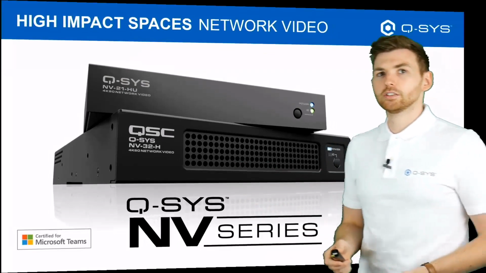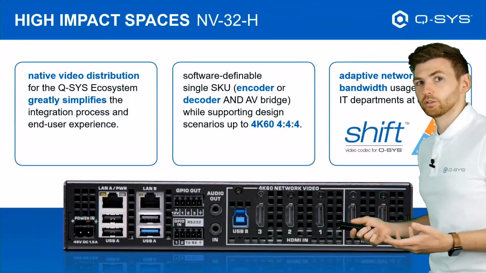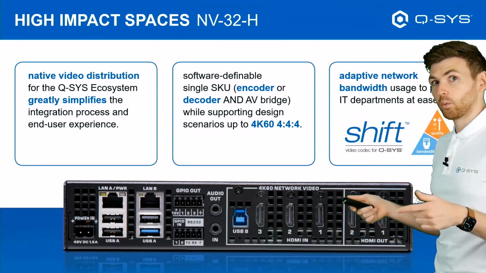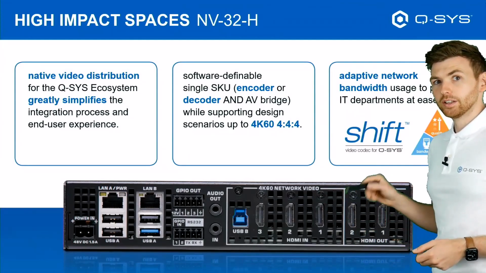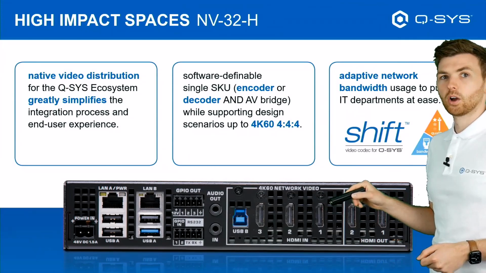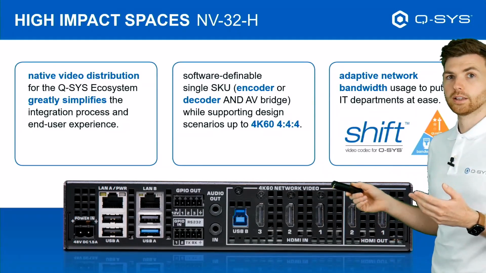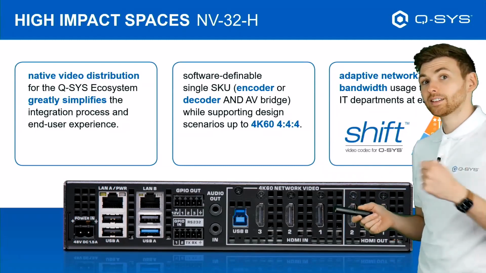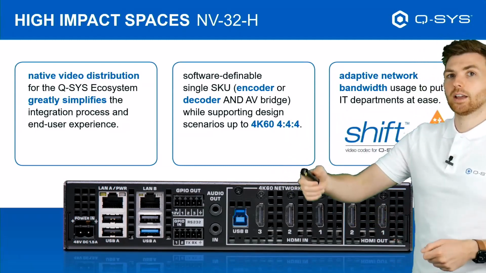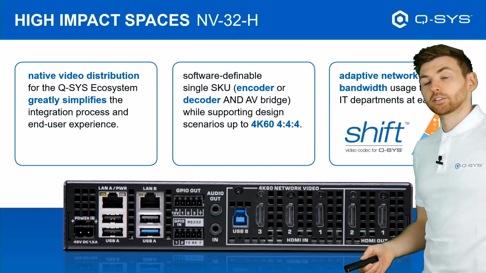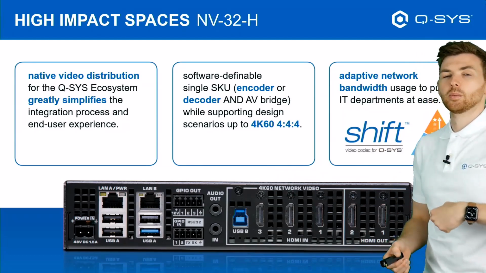So here's the NV32. This is just another Q-SYS peripheral that we can add, but it's quite a big one, because it does a whole lot of video I/O and audio I/O on a single box. Now what we want to do is connect HDMI, encode that to the network, and also have stuff come off the network and decode to HDMI as well.